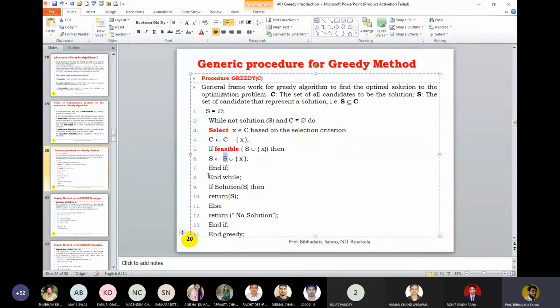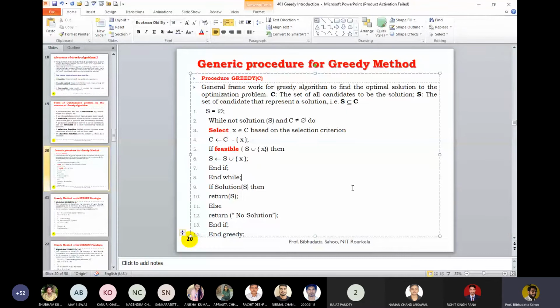Suppose after you make all the selections successfully, does it guarantee that the solution which is produced will be accepted? Let us say in my problem statement I have introduced that I am looking for a spanning tree whose cost should not exceed 50. I constructed a spanning tree successfully.